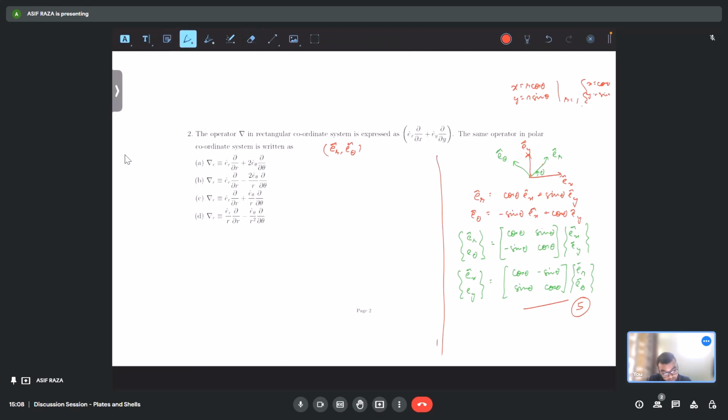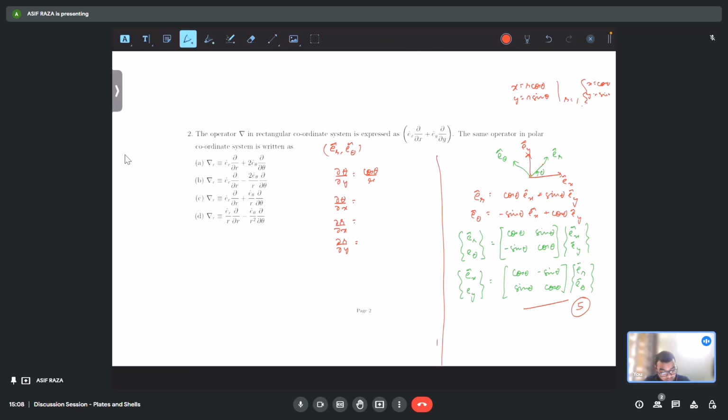Second thing, earlier we got the value of del theta by del y as cos theta by r. Similarly, we can find del theta by del x, del r by del x, and del r by del y.